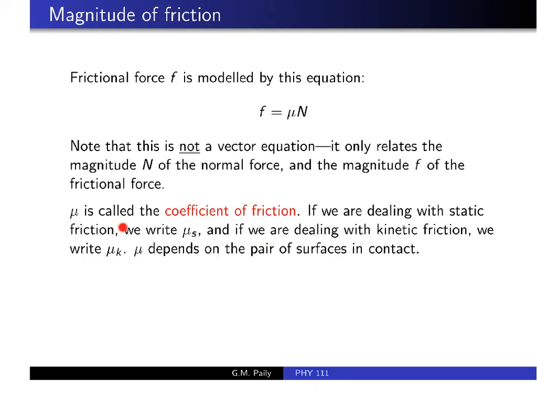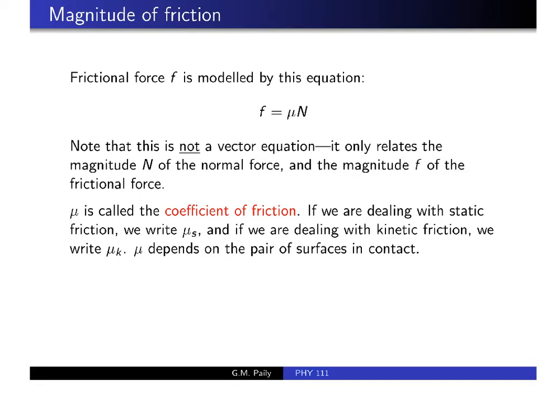Mu is called the coefficient of friction. Since both the frictional force and the normal force are forces measured in newtons, we can see that mu, which would be the frictional force divided by the normal force, will be a dimensionless number, right? A pure number without units. That's why it's just called the coefficient.